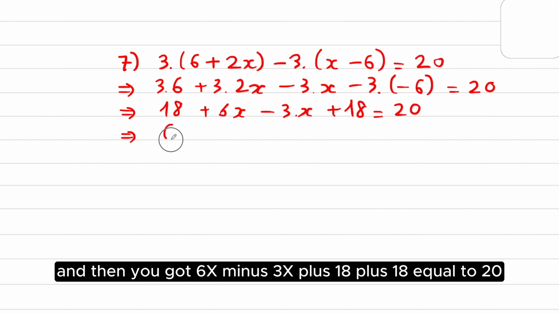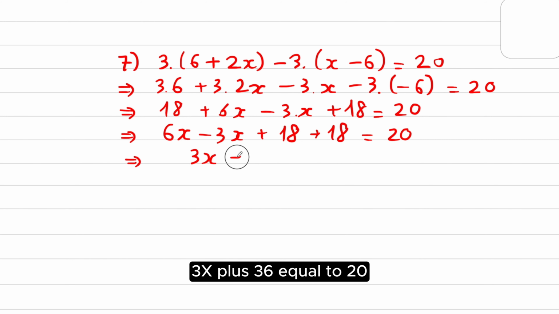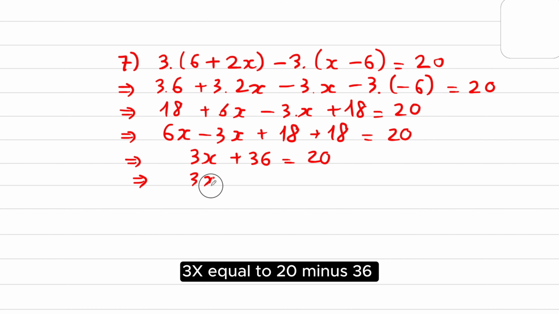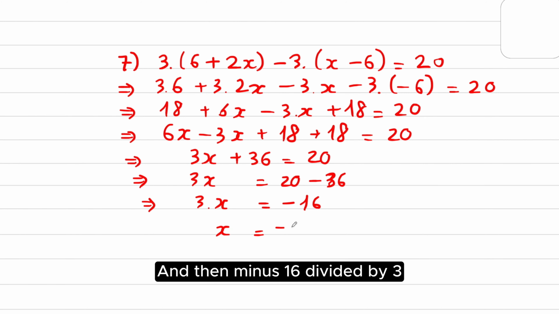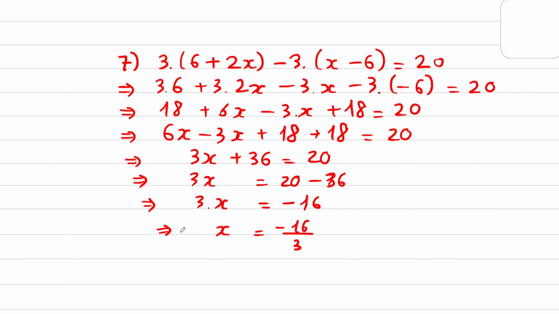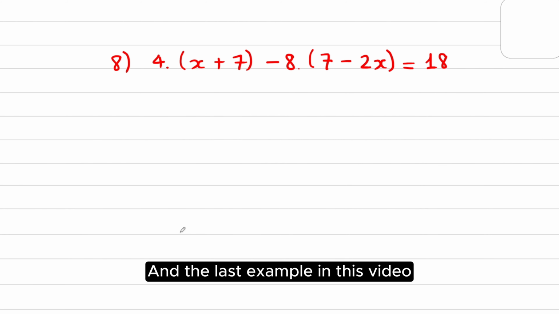And then you get 6x minus 3x plus 18 equal to 20. 3x plus 36 equal to 20. 3x equal to 20 minus 36. 3x equal to minus 16, and then minus 16 divided by 3. That is question 7.